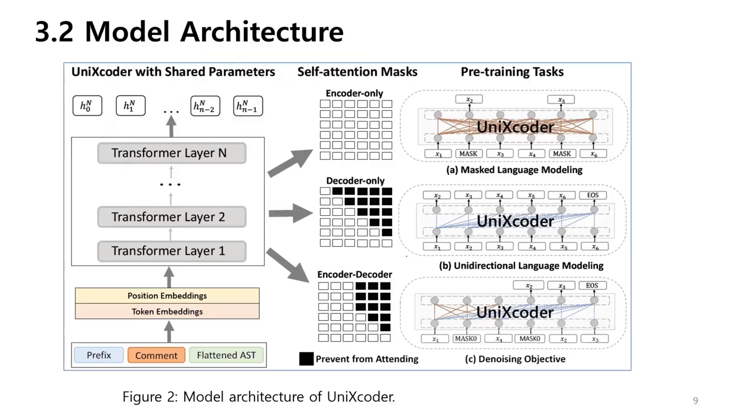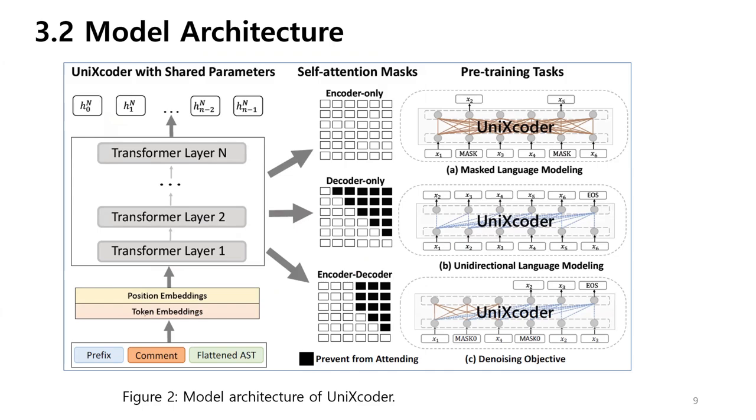Here is the model architecture. In the first block, we do have stacks of transformer layers. We take these inputs: prefix plus comment plus flattened AST. Prefix is nothing but an indicator of whether UniXcoder is operated in encoder only, decoder only, or encoder-decoder mode.